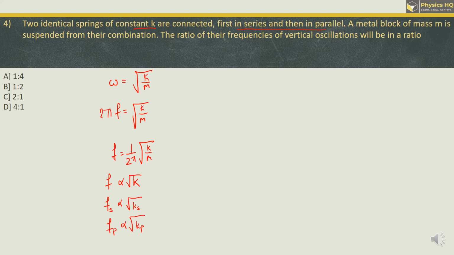Let us now understand what will happen to the value of K. For the first case, the springs are connected in series to this block and each will have a constant K. Now always remember this, whenever springs are connected in series, their equivalent is calculated by the formula 1/Ks is 1/K1 plus 1/K2. But over here we got both values of K. After simplification you will get Ks is equal to K by 2.